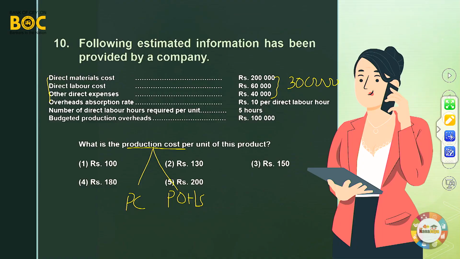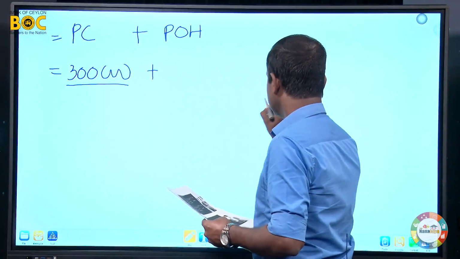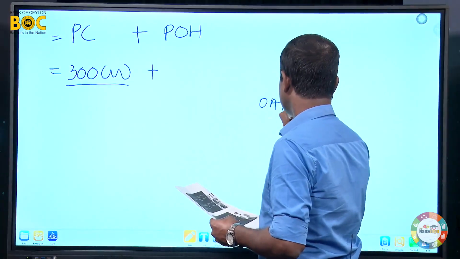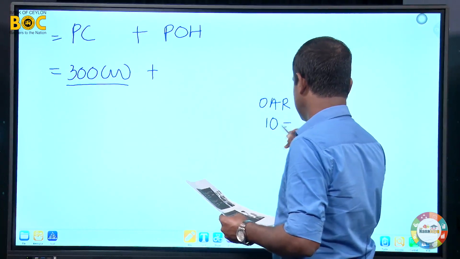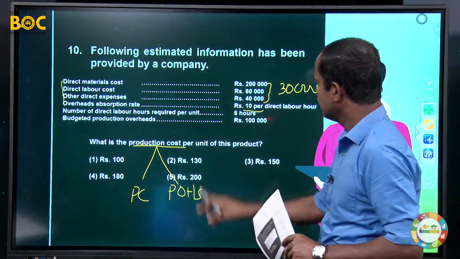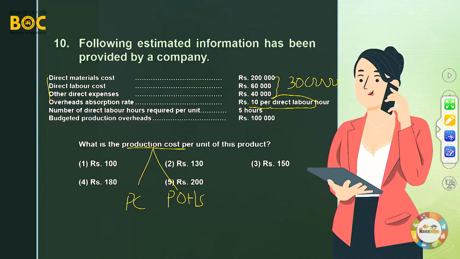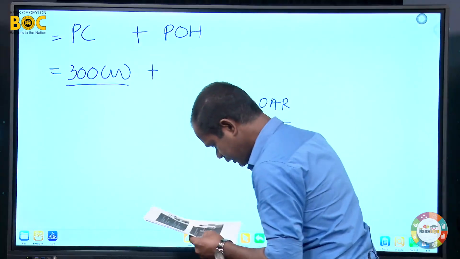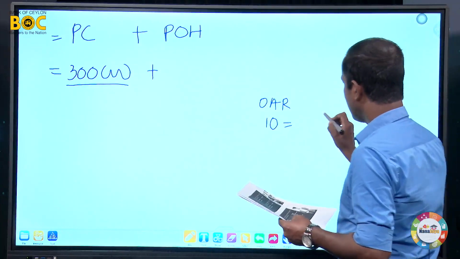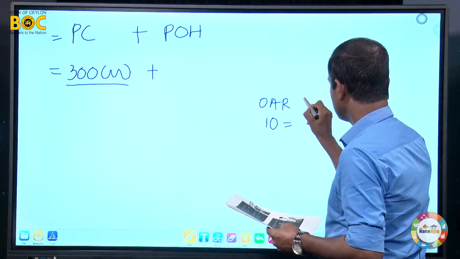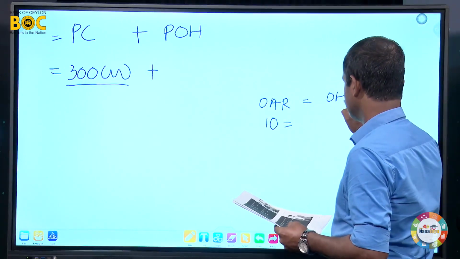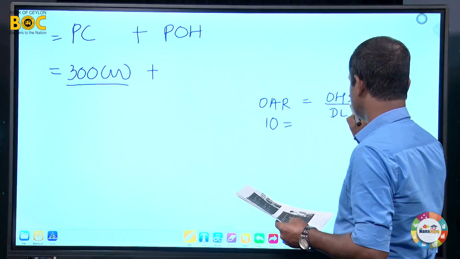In this question, the overhead absorption rate is given, 10 rupees per direct labor hour. And how do you calculate that? Overhead absorption rate equals budgeted production overheads divided by budgeted direct labor hours.